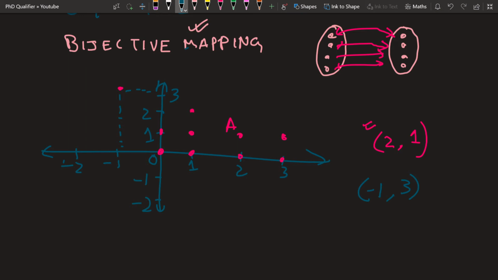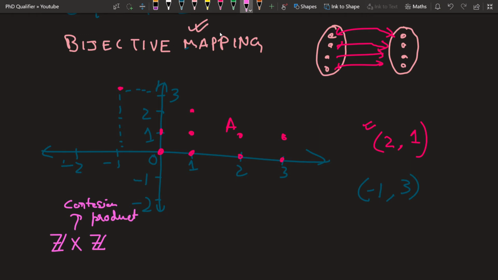Now this set can be represented as two integers, and this is what is called a Cartesian product. So what is this product?